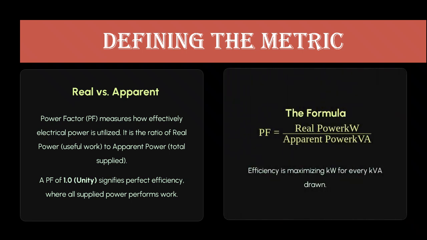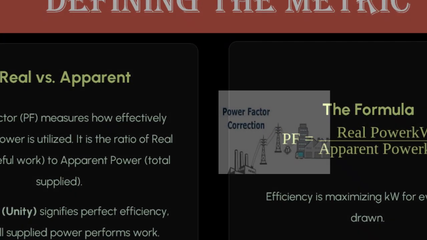Our goal is to achieve a power factor of 1.0, also known as unity, which signifies perfect efficiency where all supplied power performs work. Efficiency, in this context, is about maximizing the usable kW for every kVA drawn from the grid.